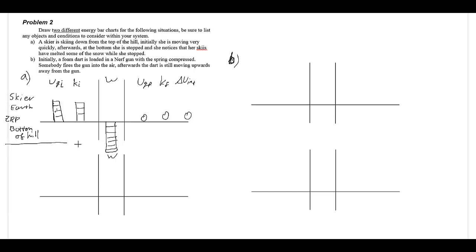There you go. Now, what about another situation? So that's the first one. Now, let's pick the system of, we could either do just the skier, or we can do the skier, the earth, and the snow, which does change things a little bit. I'm going to do the latter. Let's do the skier, the earth, and the snow.